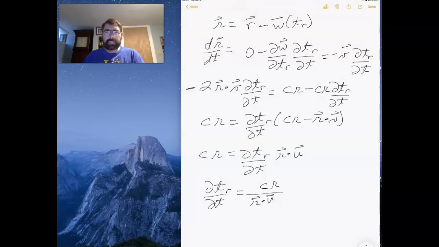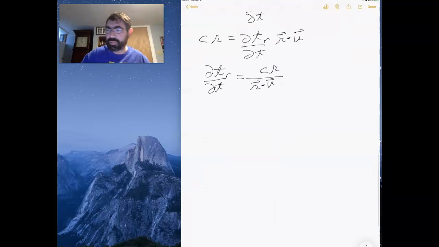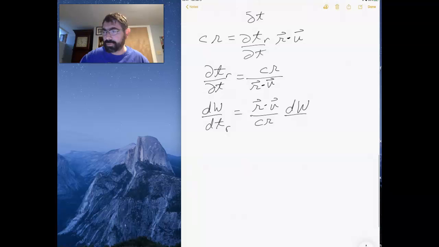Okay, so then if I go back and look at my powers, the power emitted is equal to r dot u over cr times the power measured. Okay, so what is this factor right here in front?